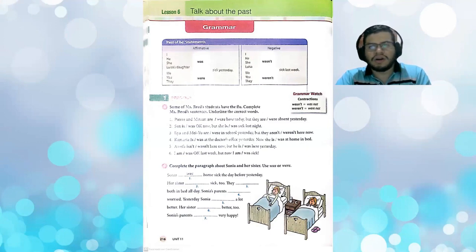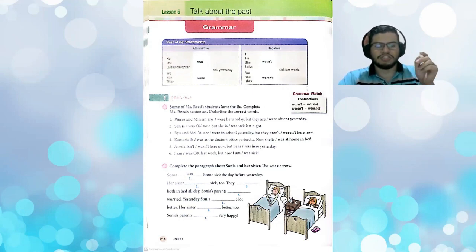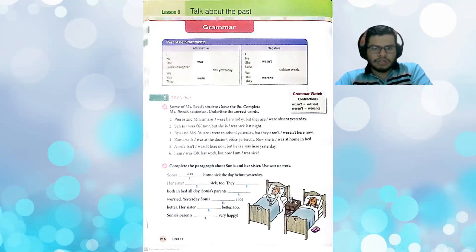When we are using were, it's for the subject pronouns we, you, they. We were, you and I were at school yesterday. You and I were at the church last Sunday. You were, and they were, 2 or more people.